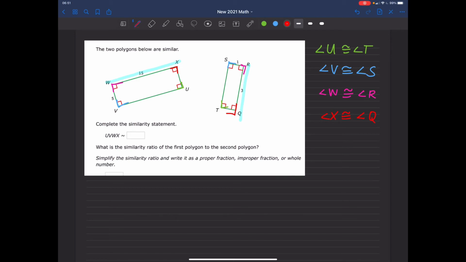Therefore, I say WX divided by QR is going to equal 15 over 3, which equals 5. And that's our solution. Oh, I forgot about the order. So the order that we're going to write this in is UVWX similar to TSRQ.